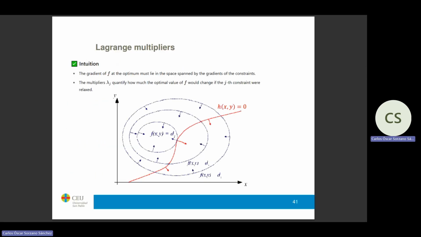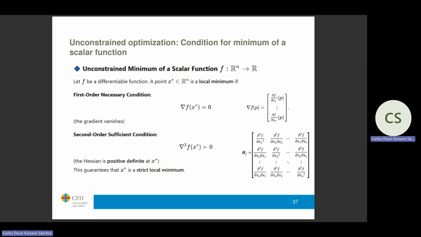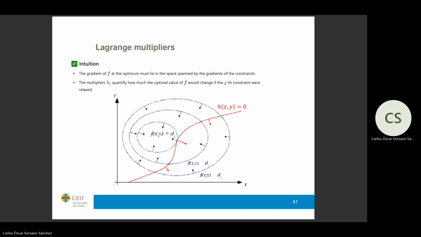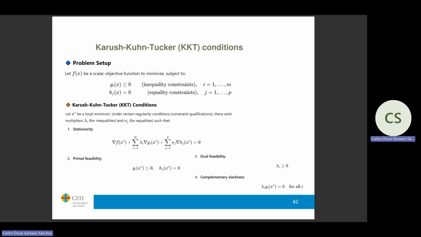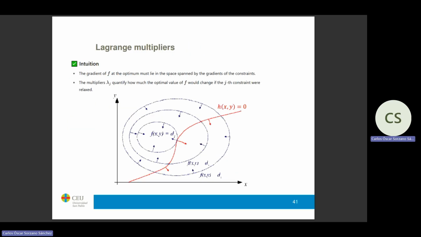We started with unconstrained problems. Unconstrained problems means no constraint. And then we simply look for the derivative equals 0. But when you have constraints, typically the optimal points are on the boundary of the constraint.